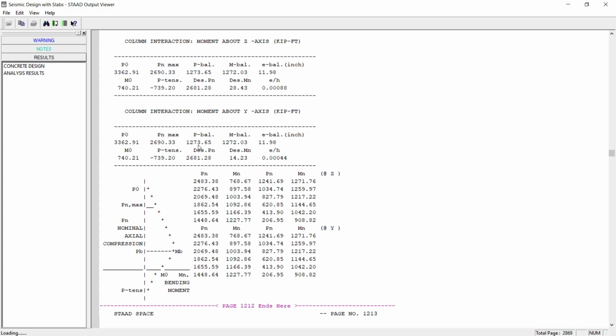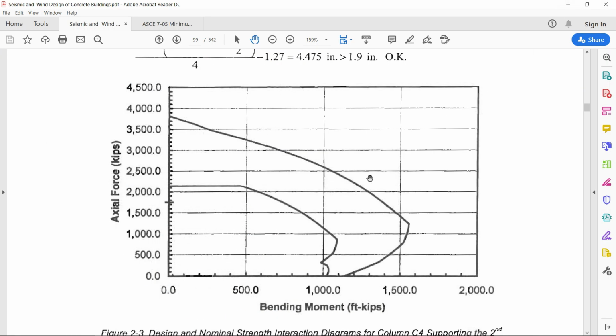And the balance moment, M balance, is 1272. Here let us see what is M balance. It is a little bit higher, more than 1500 or so. I can say we have already checked this. Our calculation for the column is okay in STAAD, so I can assume that this is in line with the loads defined by us.